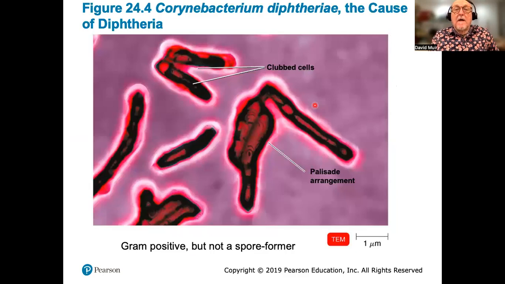So let's have a look now at another bacterium. This one used to be spectacularly important in human populations right up until the advent of antibiotics. And this is a bacterium called Corynebacterium diphtheriae. Well, that tells you right there, diphtheria.